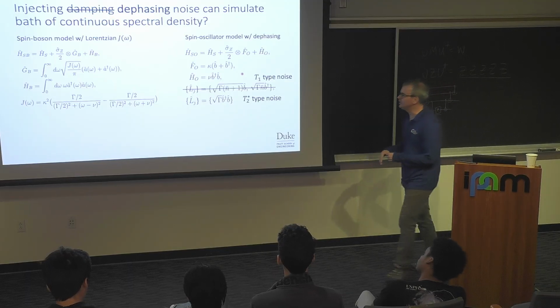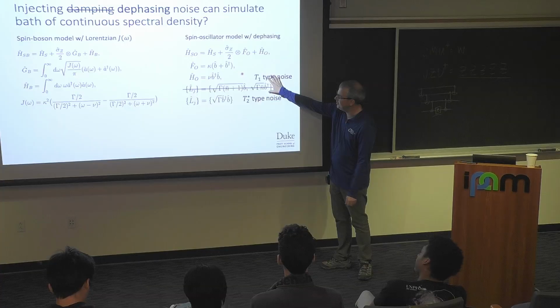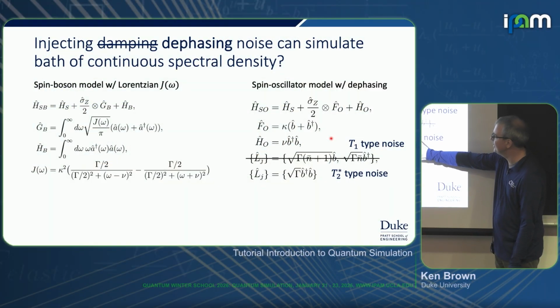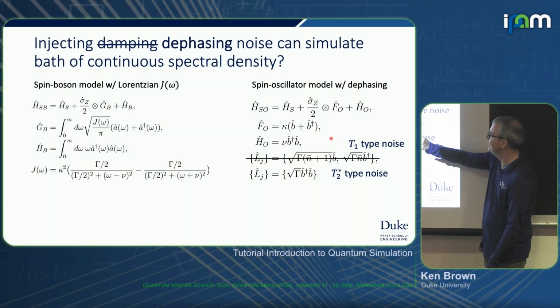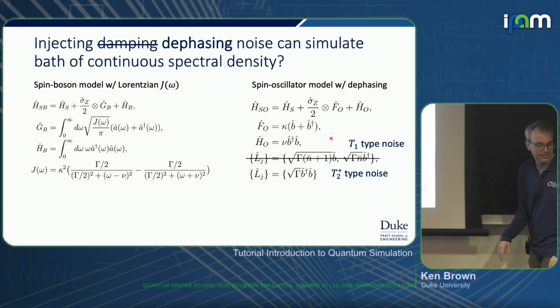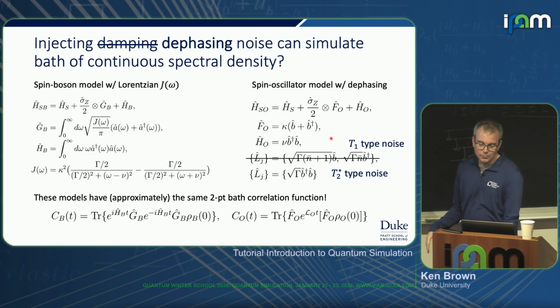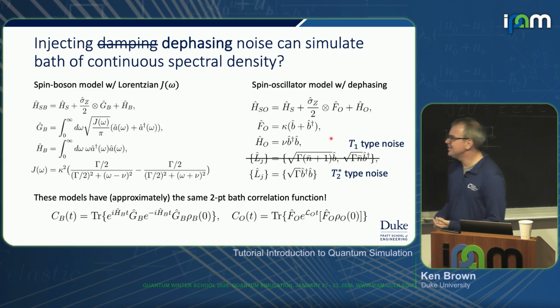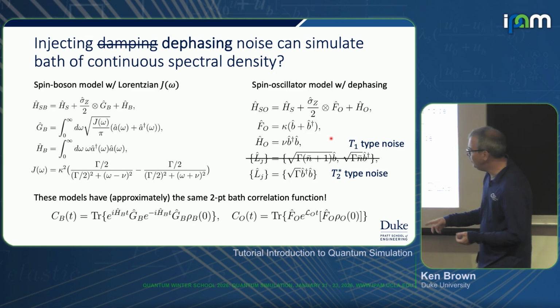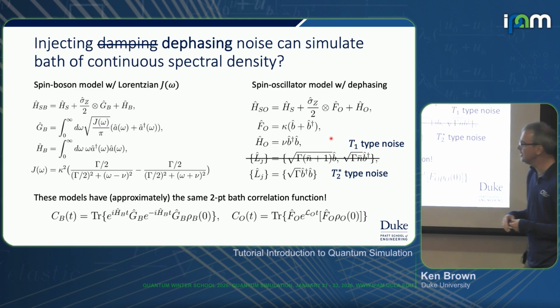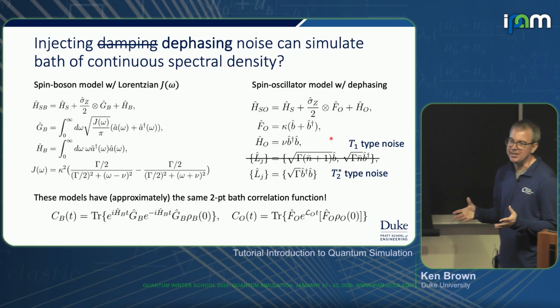These are very different noise processes. This one is a thermalization process. This one's a phasing process. You can think of it as T1 type noise, T2 star type noise. But what's funny is if you only look at the second order correlators, they're still the same.